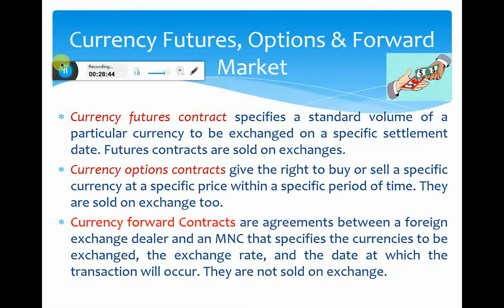So when someone, for example, agrees with someone else to exchange a particular currency on a specific date. For example, I say I want to buy $10,000 on the 30th of July, and someone agrees with me on that. That becomes a futures contract. And when I have this contract, I can sell it on to someone else and someone can buy it from me.